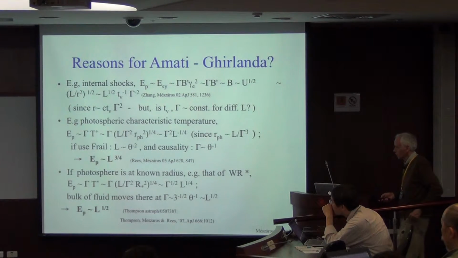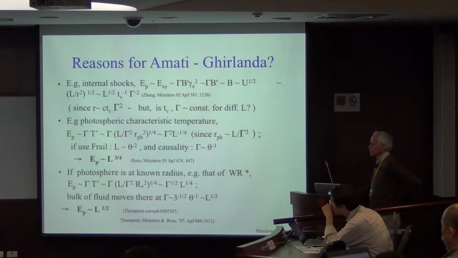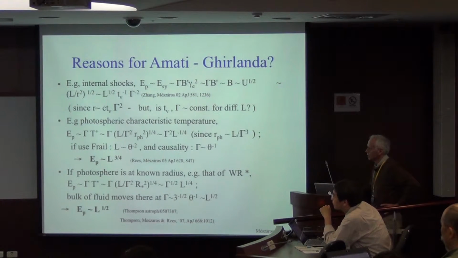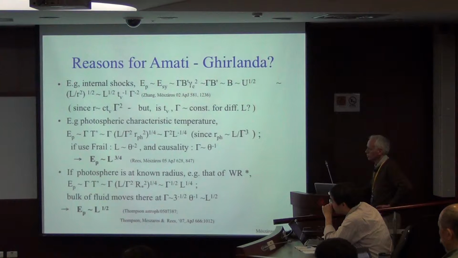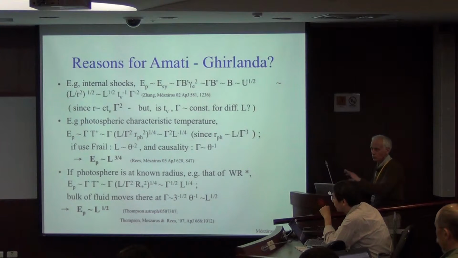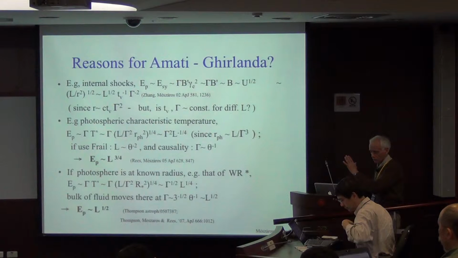Now, in the photospheric model, you are talking of the peak being roughly given by the temperature of some kind of black body, even if it's a distorted black body. So the observer frame Ep is the bulk Lorentz factor times the co-moving temperature. And the co-moving temperature is given by the luminosity over gamma squared to get to the observer frame, times the radius. It just comes from saying that the luminosity is r squared sigma T to the 4th.